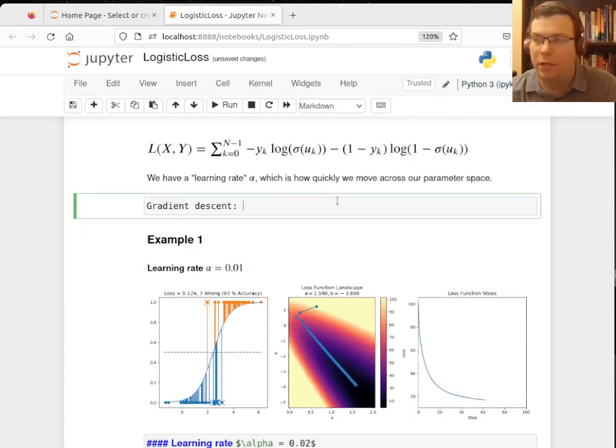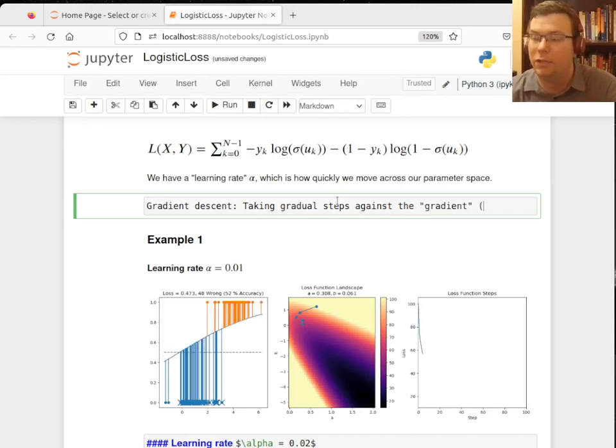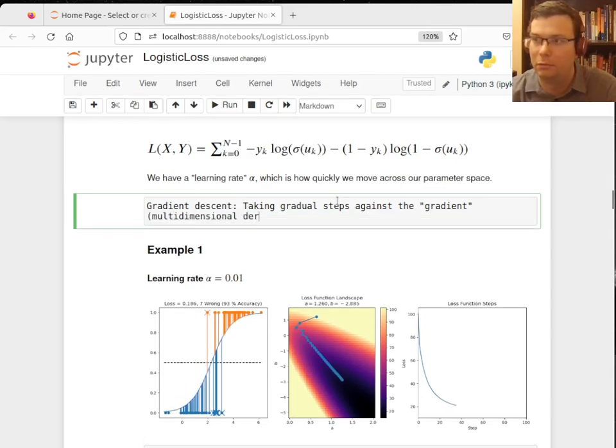And so what we're doing is taking gradual steps against the gradient, which is just the multi-dimensional derivative. So usually when we talk about derivatives, you learn derivative in Calc 1, you talk about a single variable. Here we've actually got multiple variables that we can vary here.